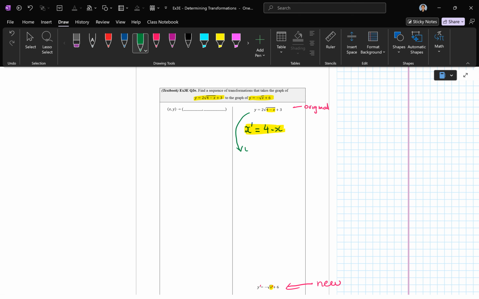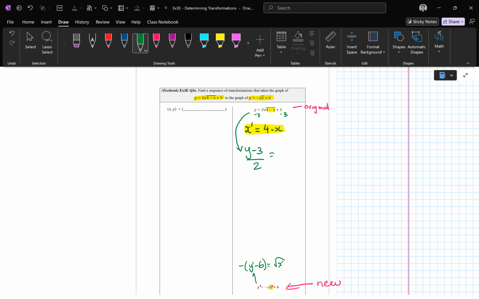This gives me y minus 3 on 2, because I'll subtract 3 on both sides, and then divide both sides by 2. Whilst this one should be y dash minus 6 on both sides, and a negative on the outside. Root x dash. Hopefully I'm not confusing you there.